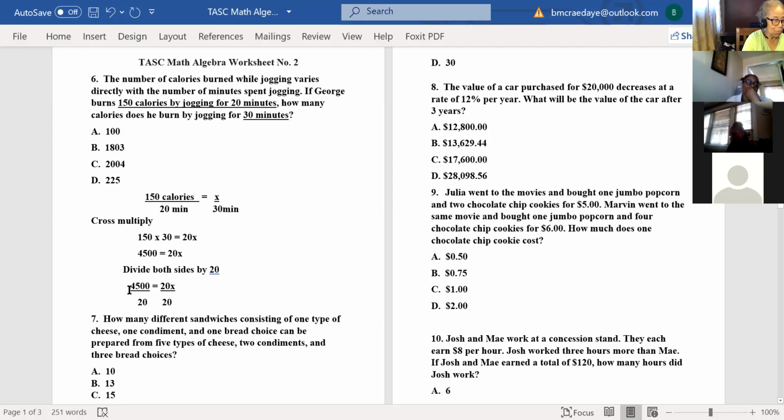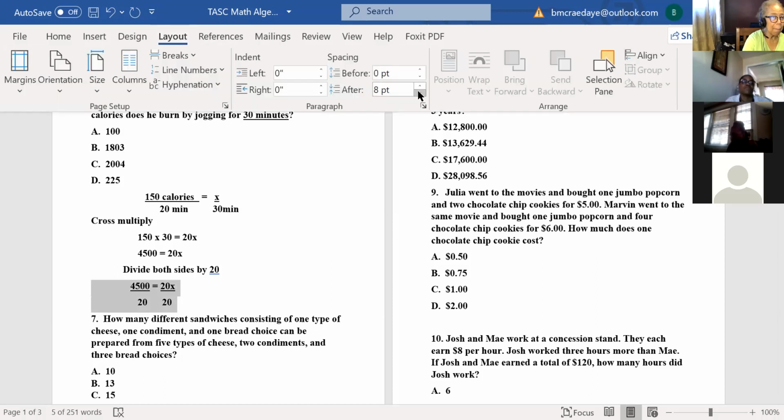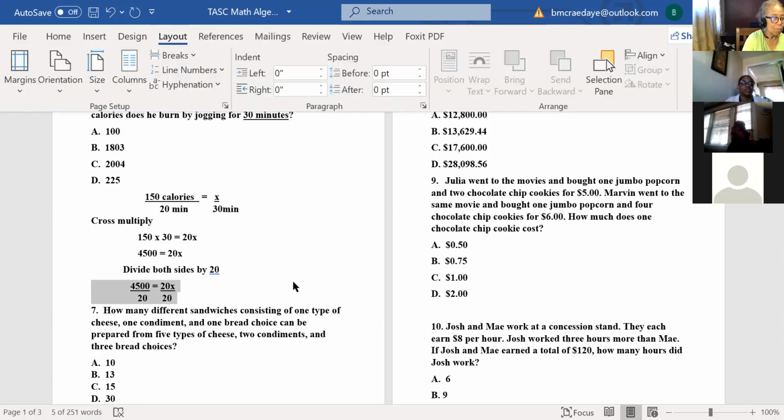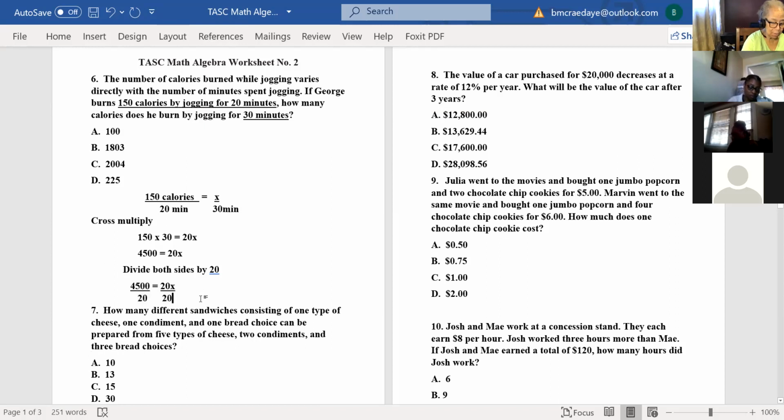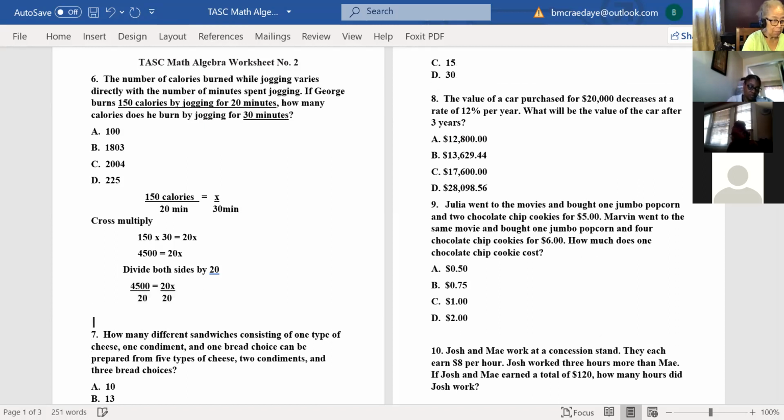So what's 4,500 divided by 20? Vanessa, what's that equal to? You can use your calculator if you like. 4,500 divided by 20 is 225.